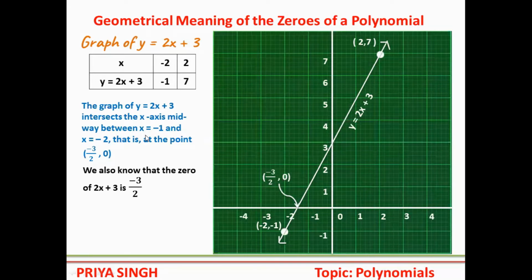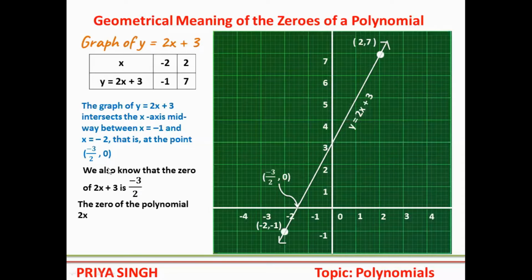How do we know this? Just now we have studied that for a linear equation, the zero is nothing but minus constant term upon coefficient of x. So it is -3/2. Now check, students. It is nothing but the x coordinate. So here we come with the analysis.